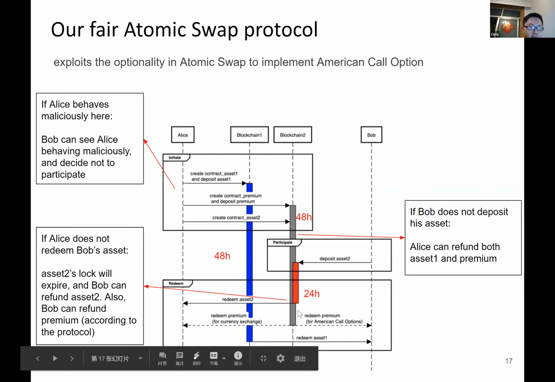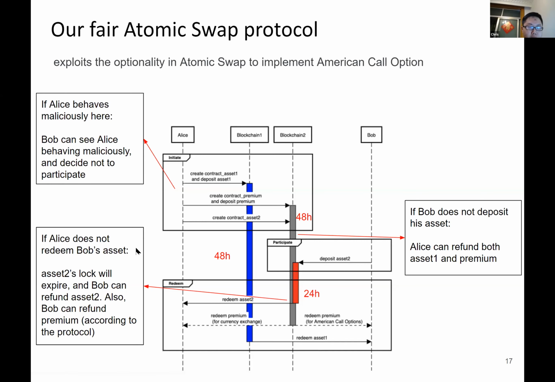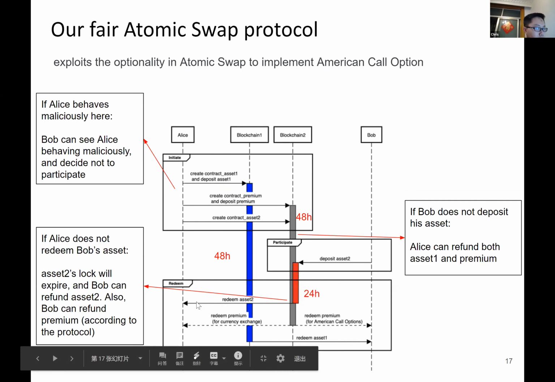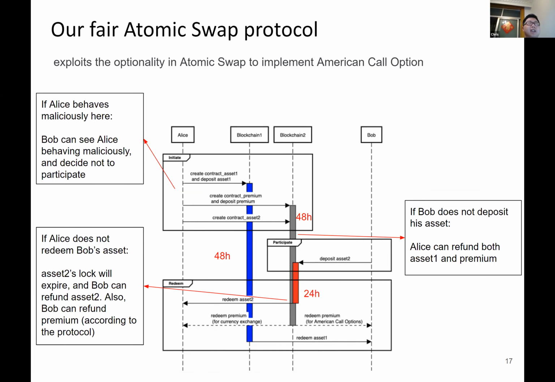That means if Alex doesn't want to continue at all, Bob will just get asset 2 and the premiums. This is an incentivization mechanism to make Alex want to proceed with the protocol, because if she doesn't, he would just lose his premium.